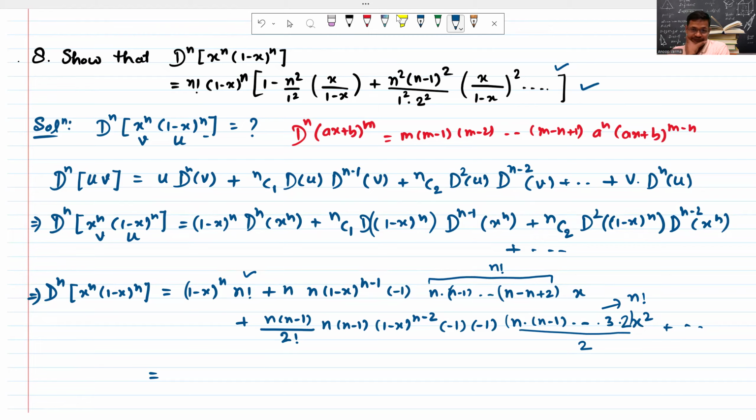Okay, so now you can take something common. What will be common? First, factorial n is common, and this is (1 minus x) power n. I'm just taking it common. So what remains in the first term? It will be 1, and here it will be negative, and you have n into n, it will be n square.